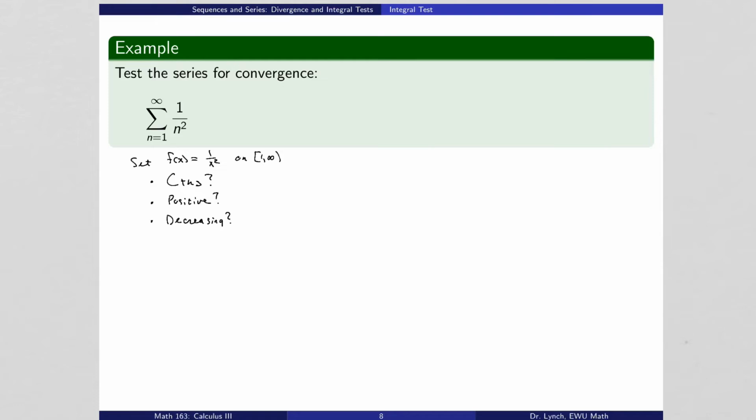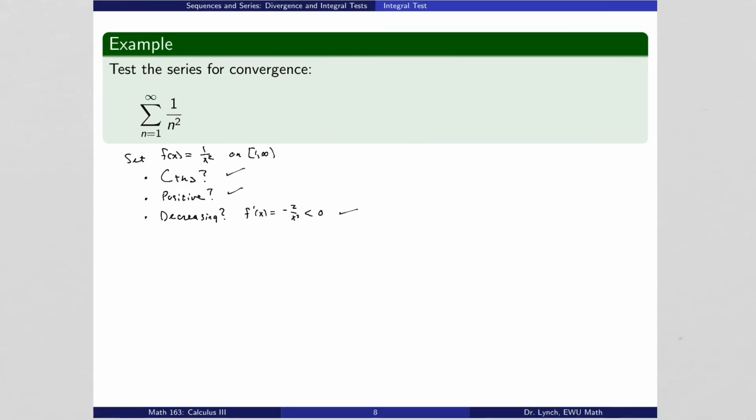And of course it is. It's positive on 1 to infinity, yes. And it's decreasing. It's quick to see that it's decreasing because the derivative is negative 2 over x cubed, which is definitely negative, not positive. Okay, so the derivative here, negative 2 over x cubed, is definitely negative on 1 to infinity, so decreasing.